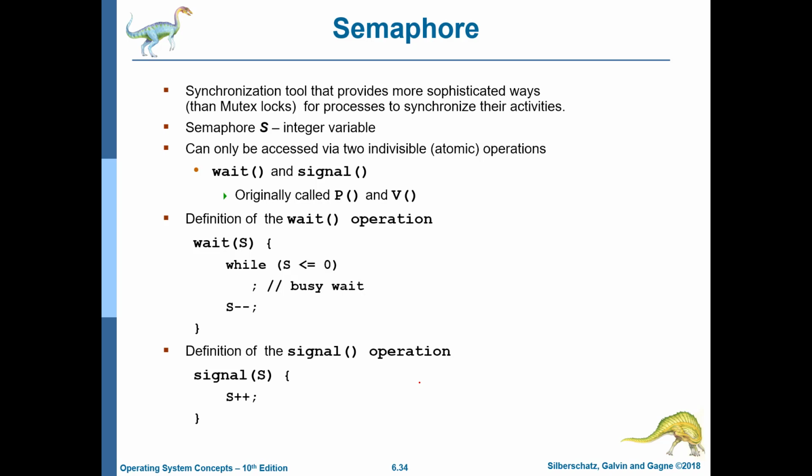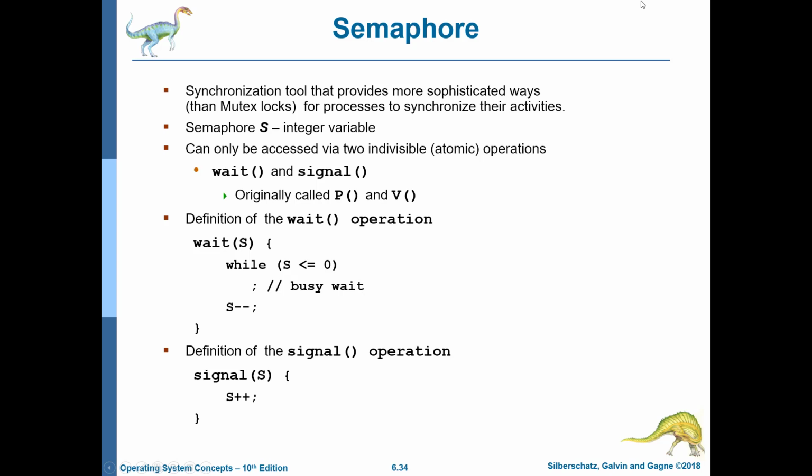But as I said, simple locks are good, but they do get more complicated than that. You can have more expressive constructs, not just a simple lock, but a semaphore as well. Every semaphore has two basic functions, wait and signal.